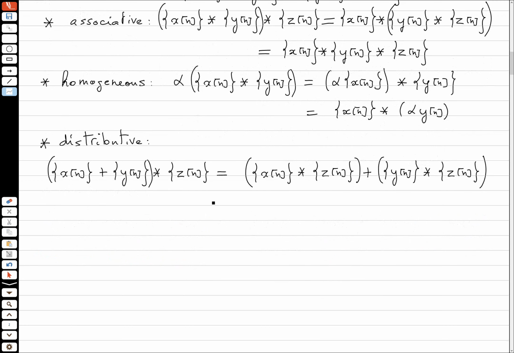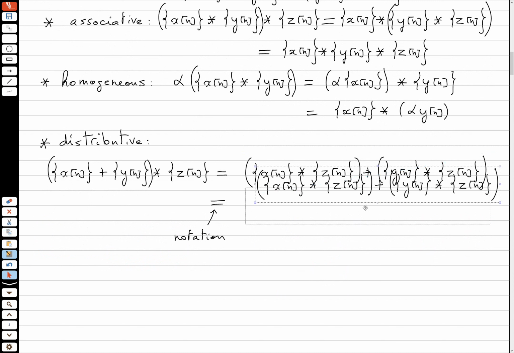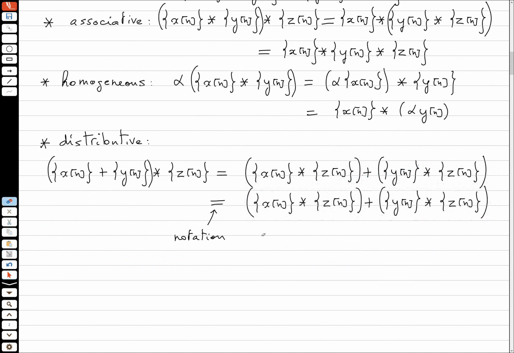Now there's a notation. You can afford to write this without parentheses. If you omit parentheses, it will mean the same thing as this, right? So the convention is that convolution precedes addition. Okay, no proof.